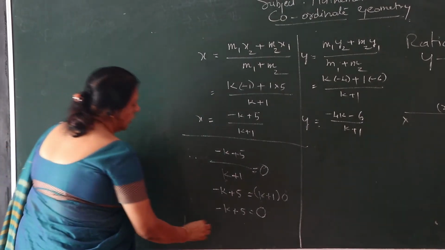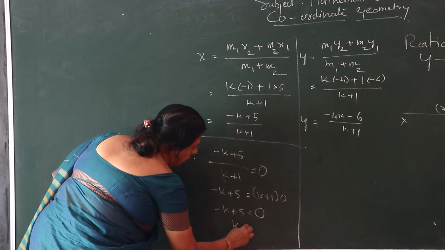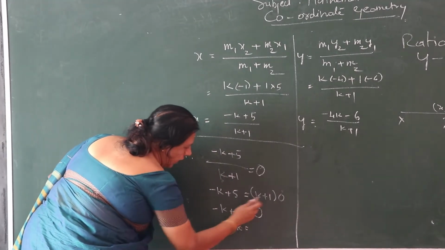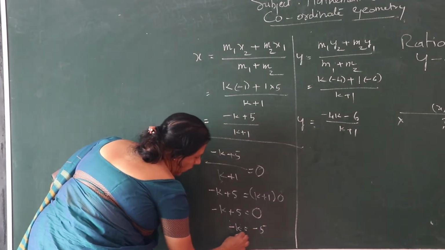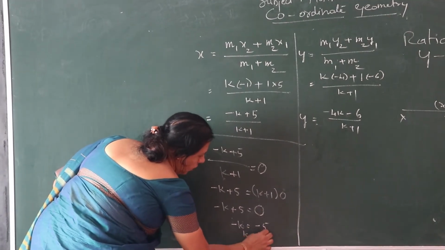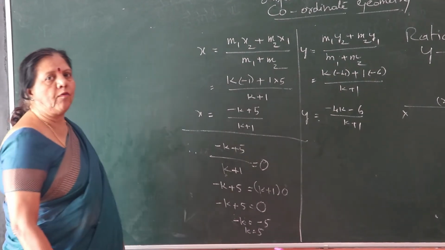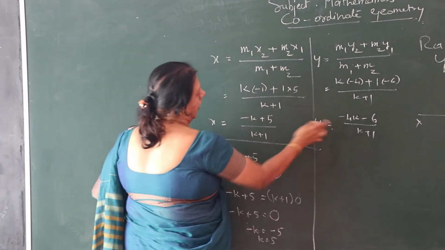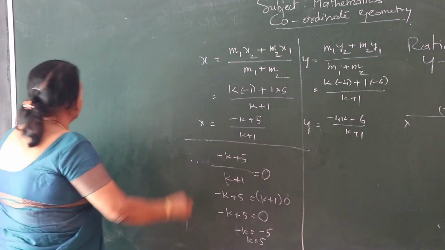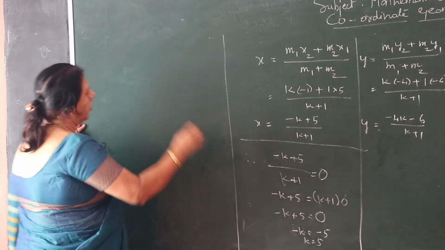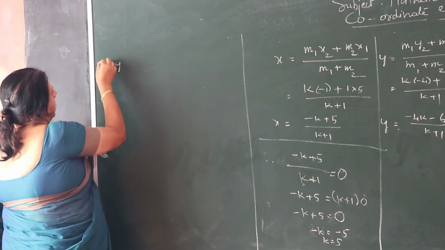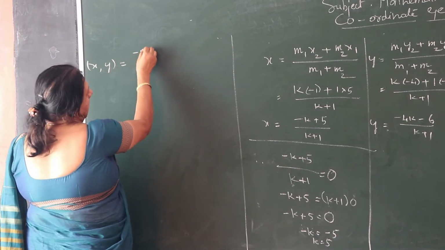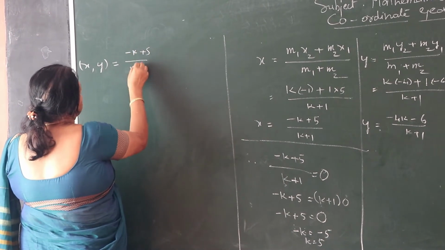Now therefore, minus k is equal to, this one comes to the right hand side, minus 5. Minus, minus cancel, k is equal to 5. You know the value now, 5. So now go for x and y, substitute that. Look at the board: x, y equals minus k plus 5 by k plus 1.